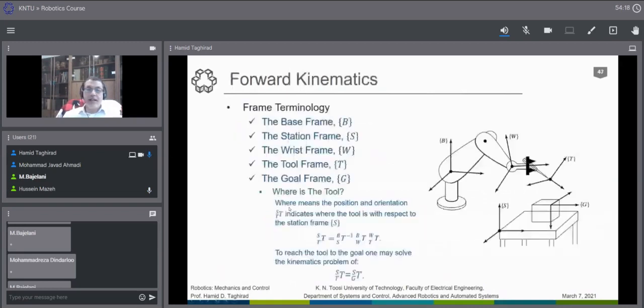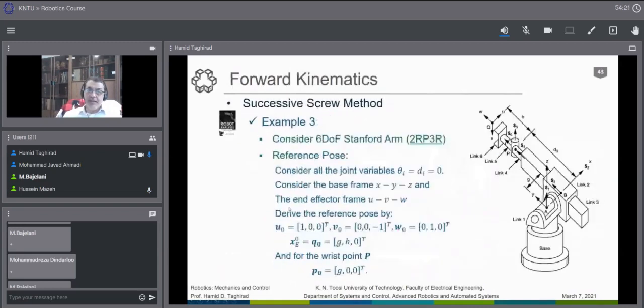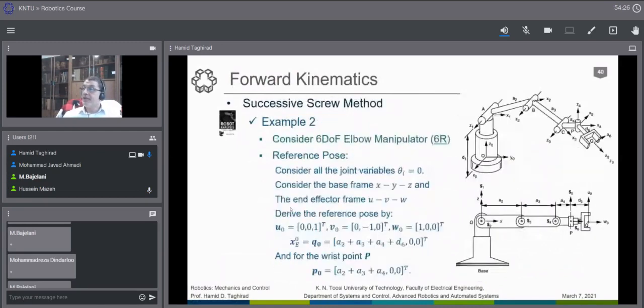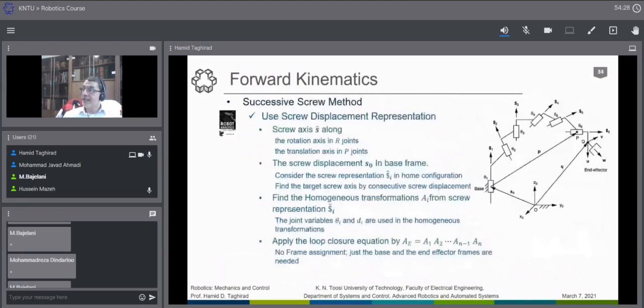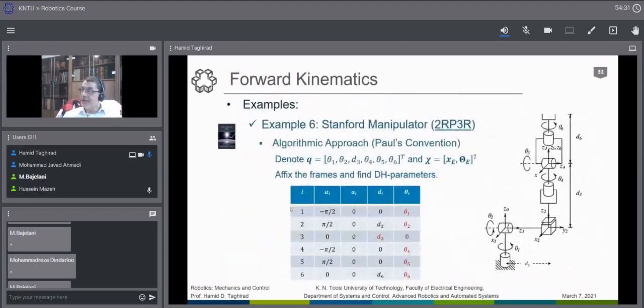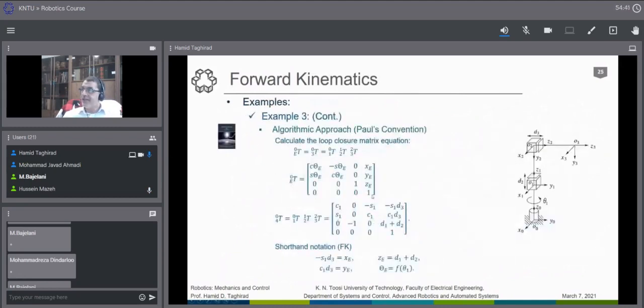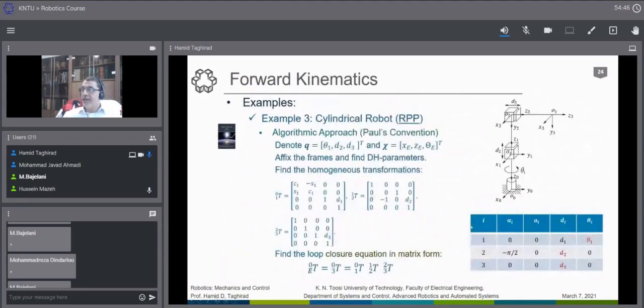I am very happy that Hussein last time considered there was a problem with my notes. Where was the problem? I guess it was slide 25, or maybe 24.